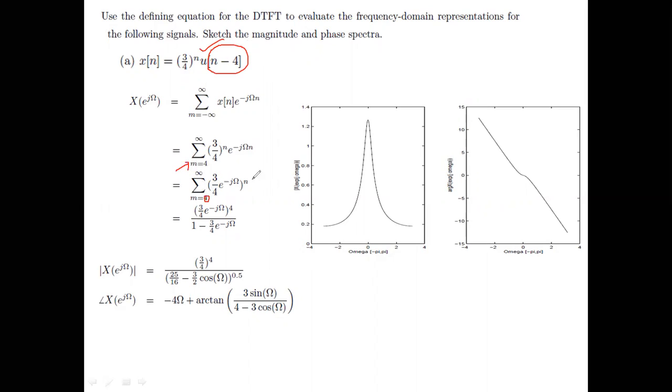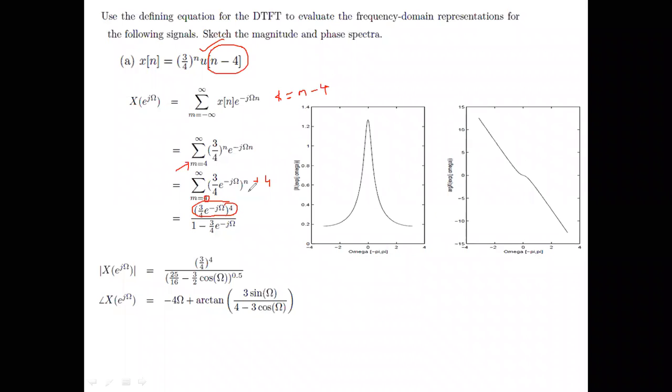So here we put k equal to n minus 4, so n is k plus 4. So this entire term, 3 by 4 e to the power minus j omega to the power 4, will come in the numerator.